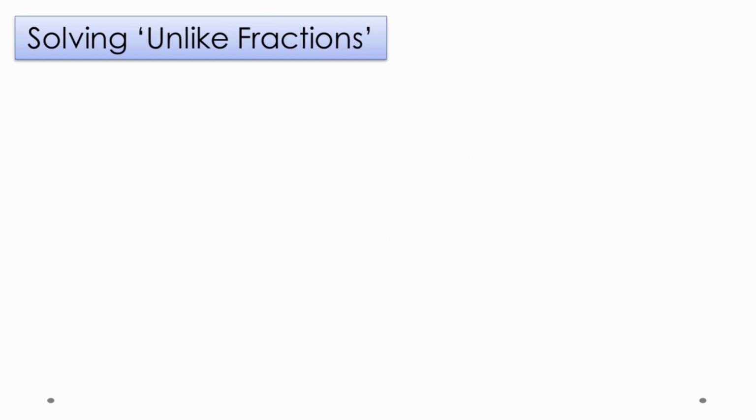But how do we carry out these functions when we have unlike fractions? Let's see how we will add the fractions 4 by 5 and 5 by 6. As in case of like fractions, we cannot simply add the numerators as the denominators are different this time. So we need to make the denominators same before carrying out the addition.